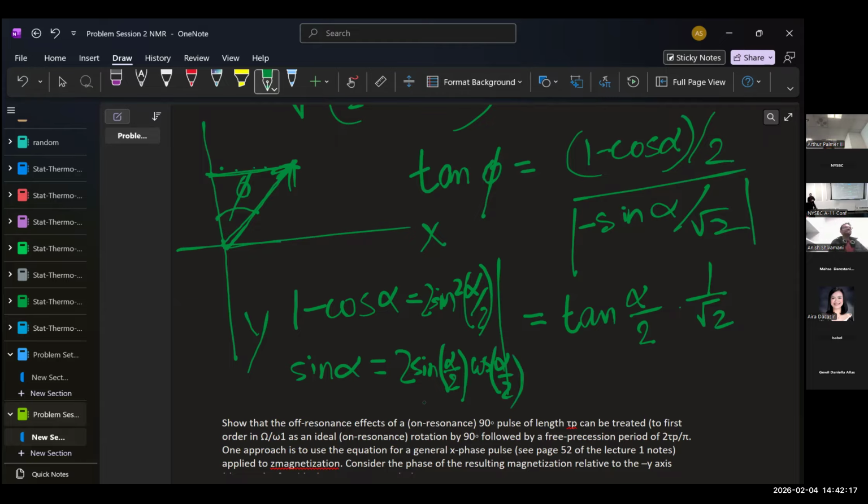Use those two, then you do get the tangent of alpha over 2. And alpha is √2 times π, so you get π over 2 root 2. Tangent of that gives you that number. I don't think it is simplifiable anymore because you get an irrational number inside the angle.